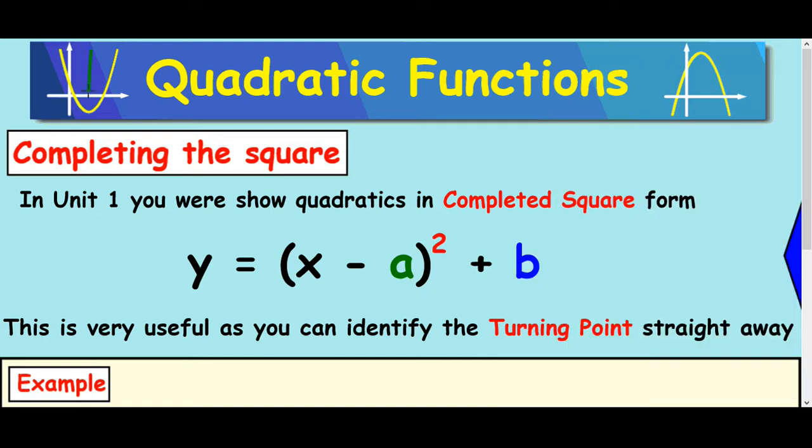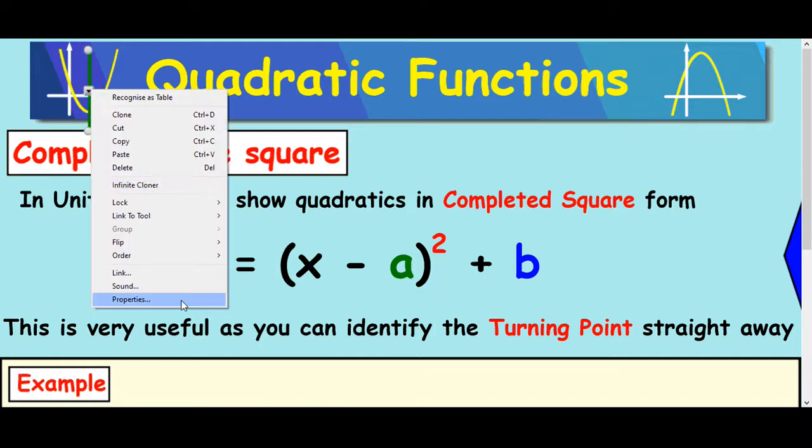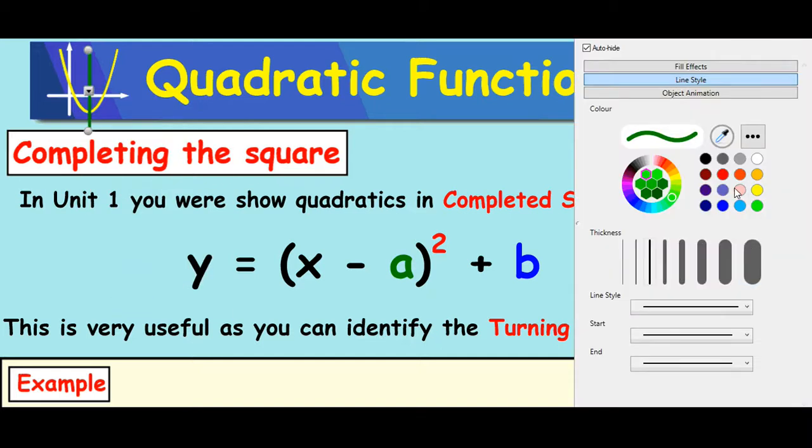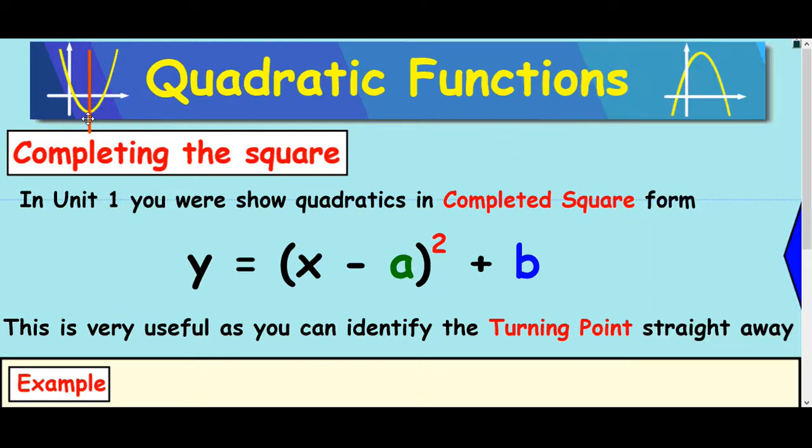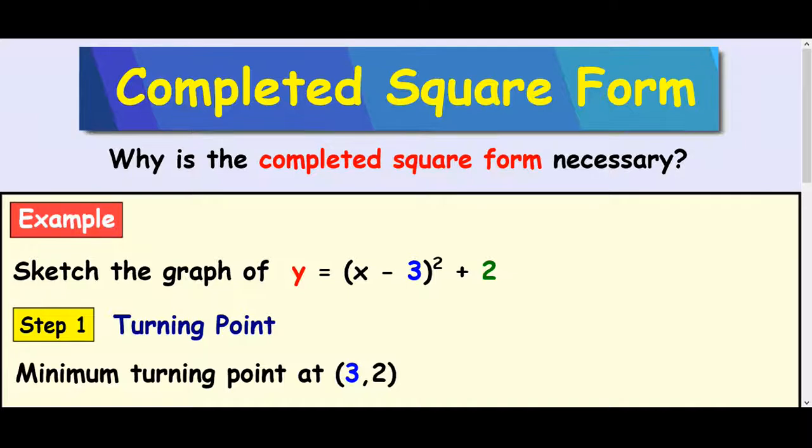It'd be like this, right in the middle, where the minimum turning point is at. So it's really the x value of the turning point, because a line straight up and down has an equation x equals whatever the turning point is. So let's go back to that when we're drawing.